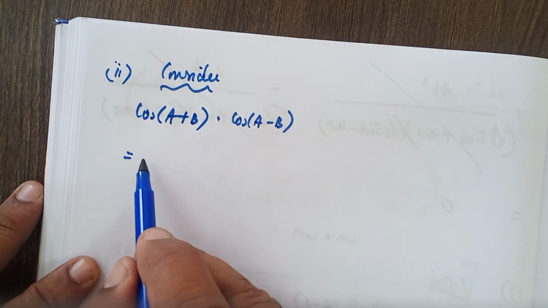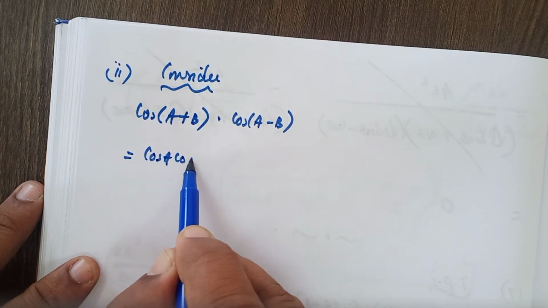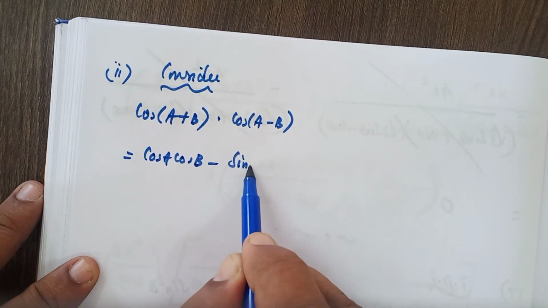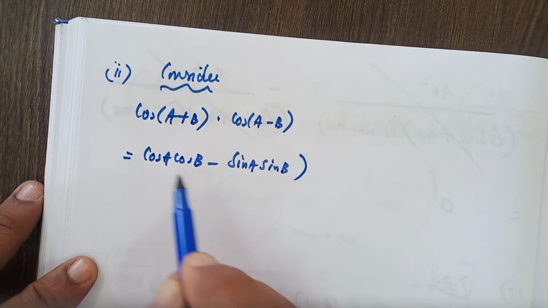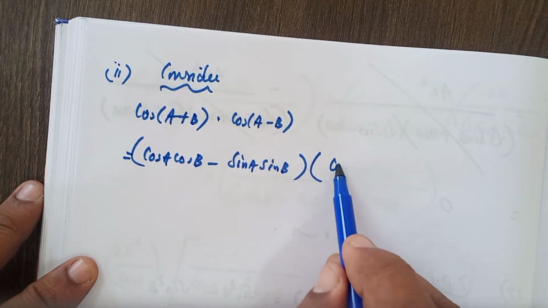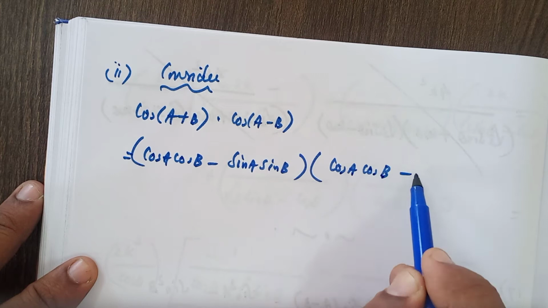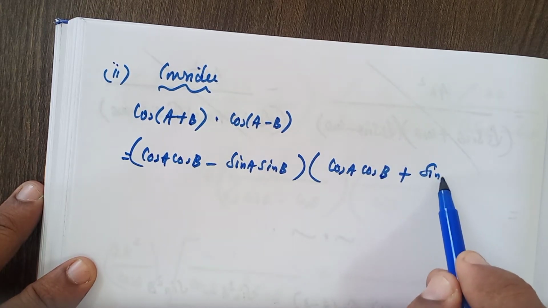Cos of a plus b formula: cos a cos b minus sin a sin b. Cos of a minus b formula: cos a cos b plus sin a sin b.